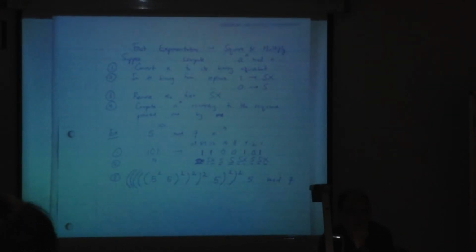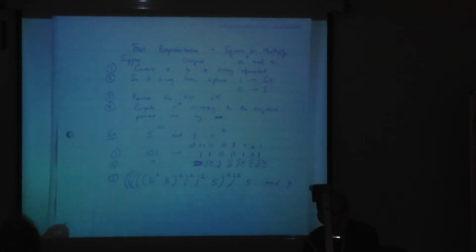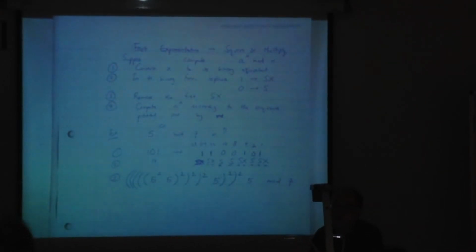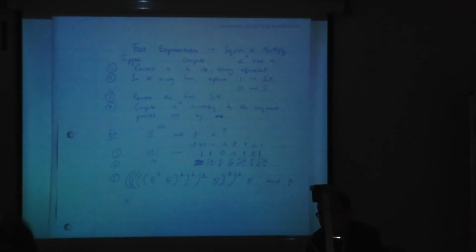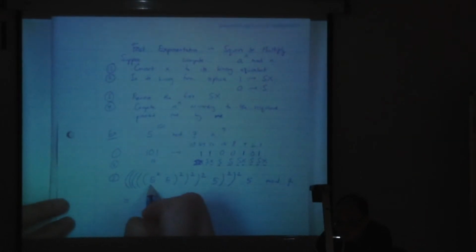Okay? So you may ask me why we need to do this stupid thing. No, this is not stupid, because this is the way we do this big computation without even using a calculator. Because now I can do this calculation one by one. You start with the innermost, which is 5 square modulo 7.